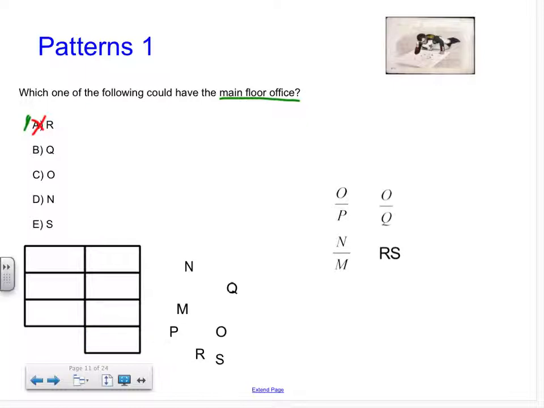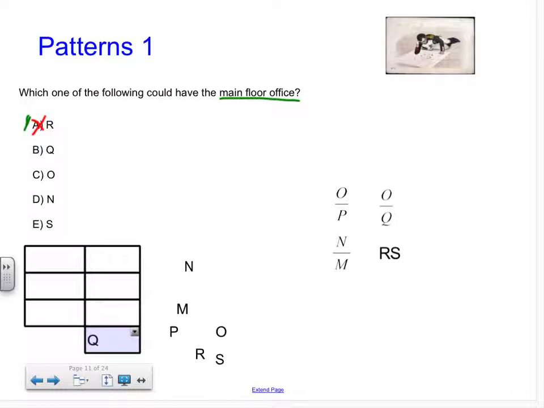So let's take R out of the building. And let's try Q. What if Q went on the bottom floor? Okay, well, let's just plug in the letters and see what we get.